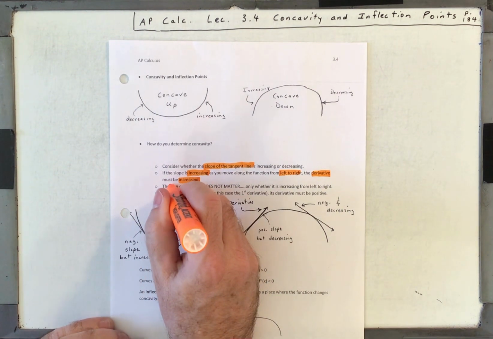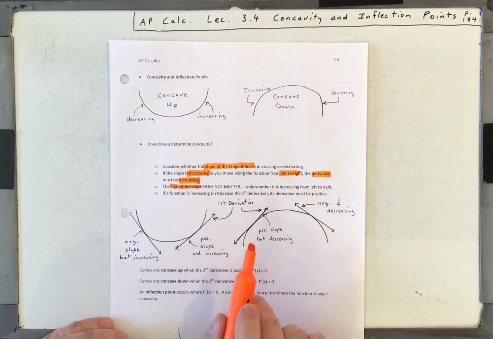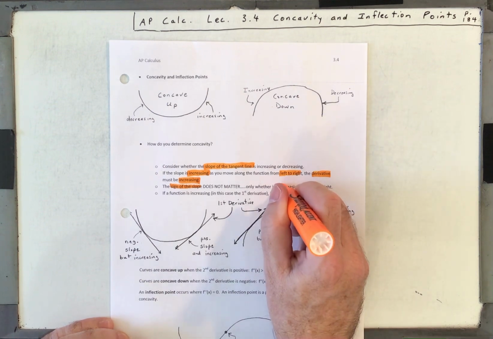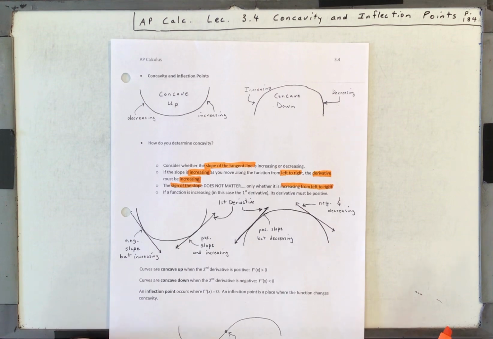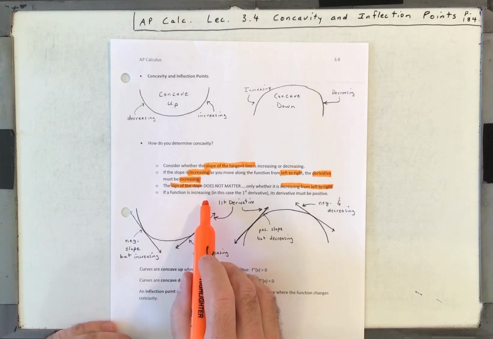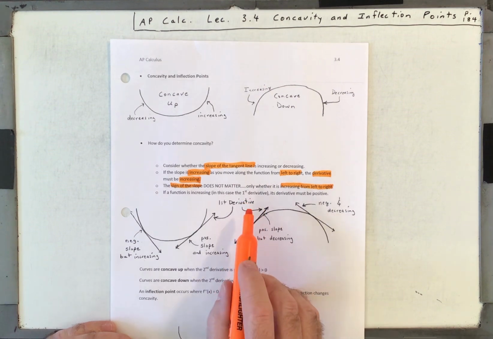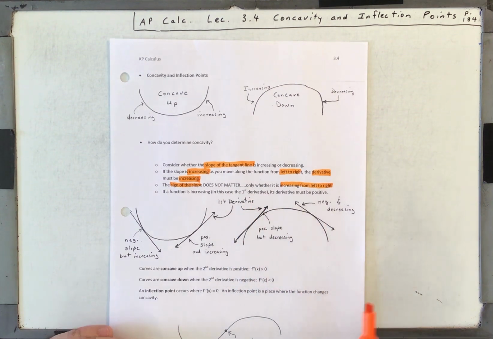The sign of the slope doesn't matter, only whether it is increasing or decreasing from left to right. If a function is increasing, which is what you determined in the last homework by taking the first derivative and doing the first derivative test, then its derivative must be positive.